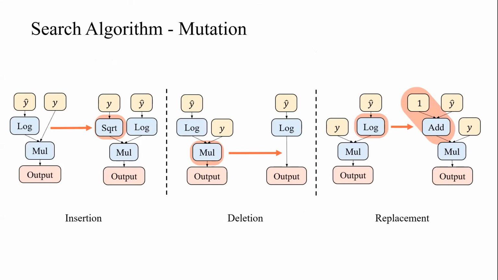For the loss function, in the mutation, which is the key step in evolutionary search, we just take three kinds of standard operators: insertion, deletion, and replacement, and they basically make some mutations on the computational graph of some individuals.